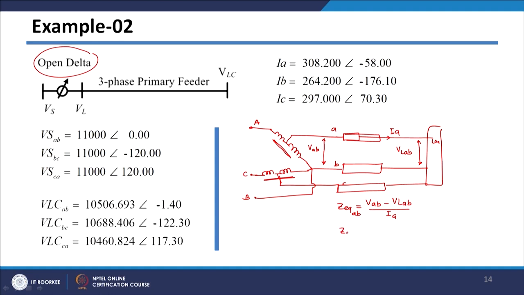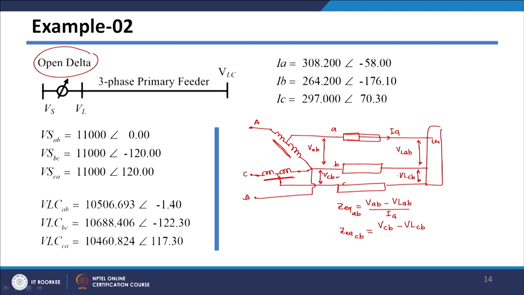Similarly, I will get another setting, Z equivalent for the regulator which is connected between C and B, which will be equal to VCB minus VLCB. Basically this voltage here is VCB, and this voltage here I am calling VLCB.